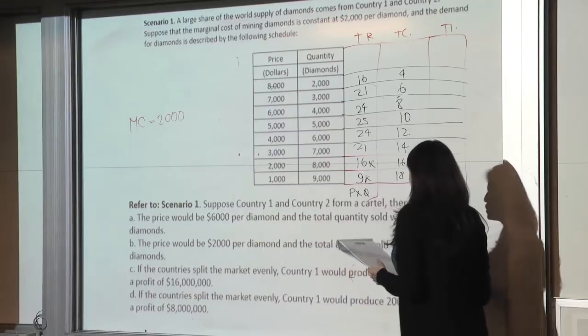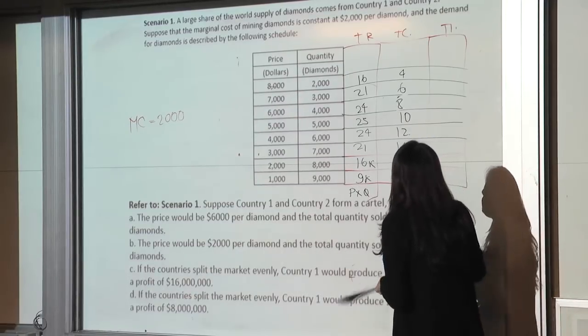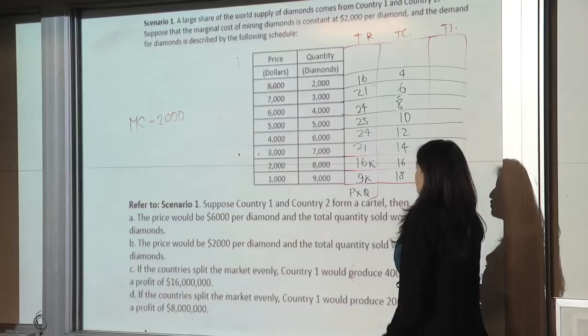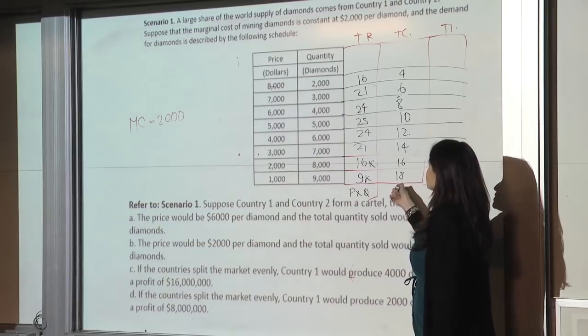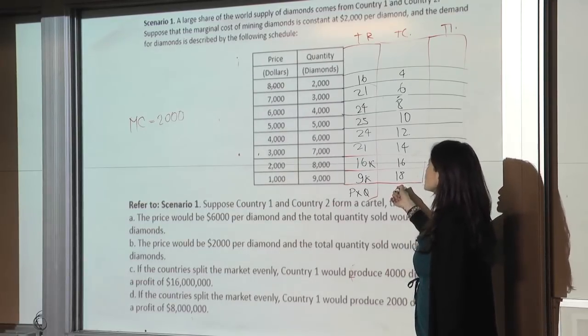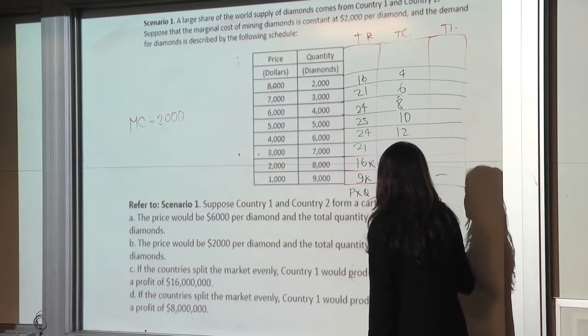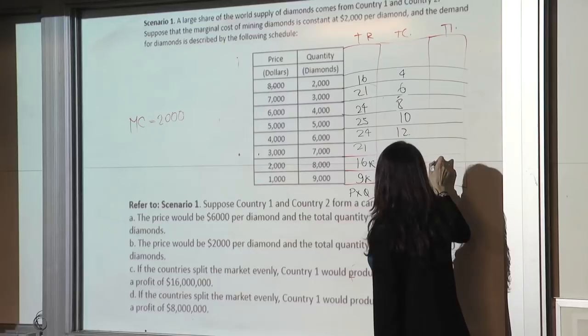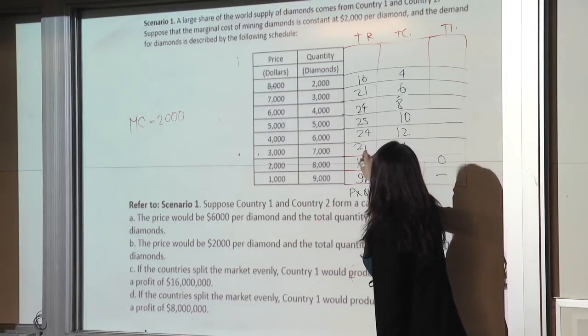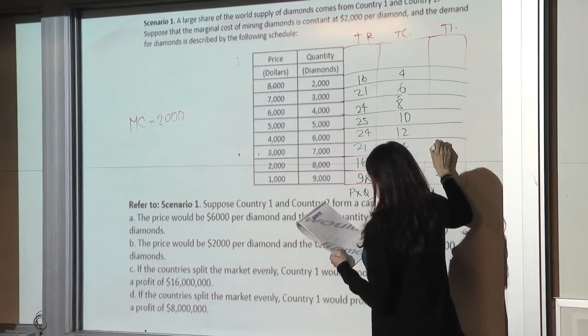Okay? So then we start making the calculations of the revenue here. It's more expensive to produce the diamonds in this case than to sell the diamonds in this case because there are negative profits here. There are 0 profits here. Here there are 7.